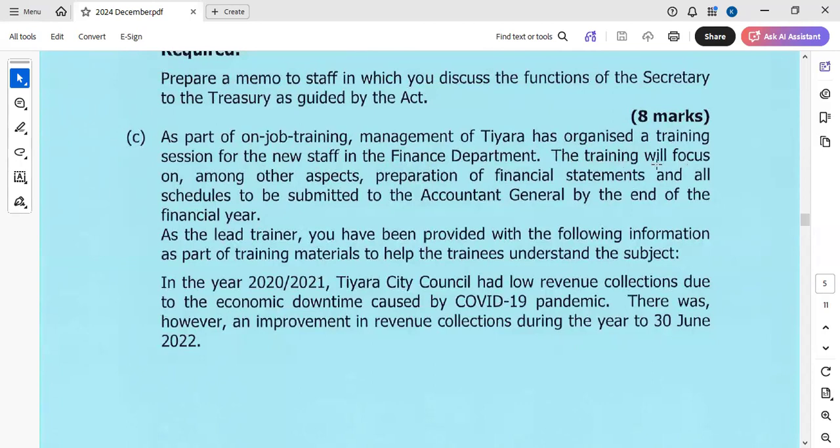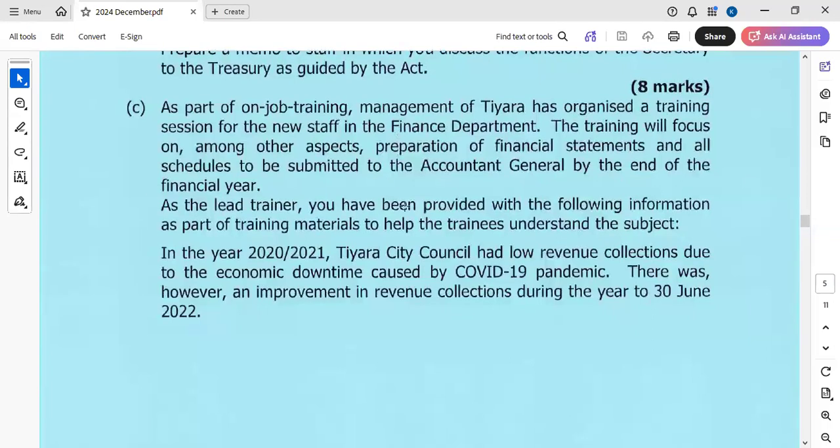The training will focus on, among other aspects, the preparation of financial statements and all schedules to be submitted to the Accountant General by the end of the financial year. As the lead trainer, you have been provided with the following information as part of the training materials to help the trainees understand the subject.